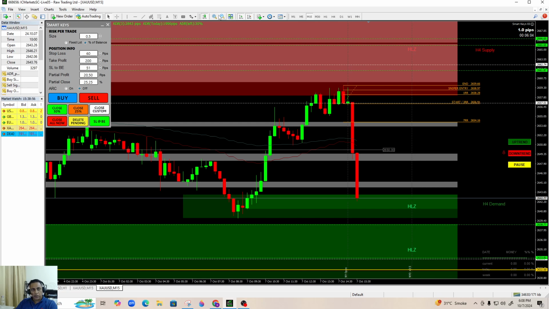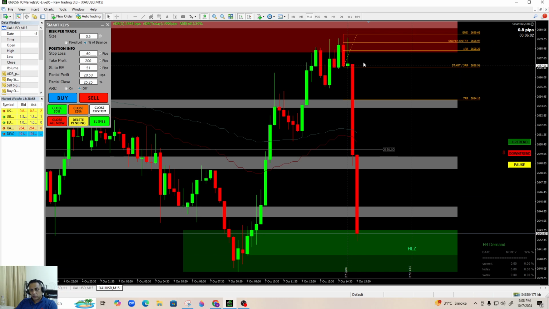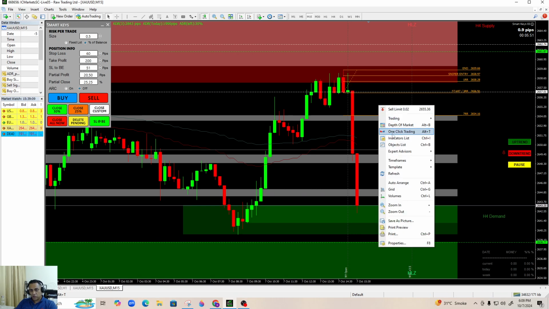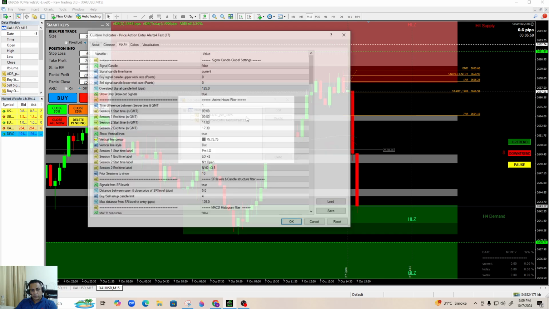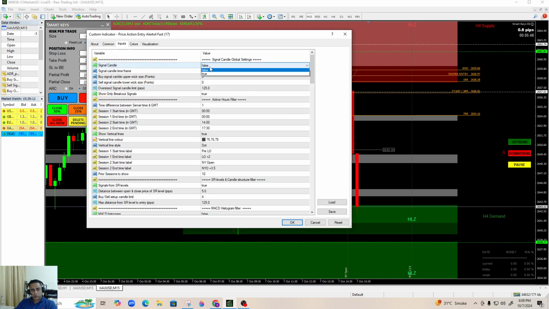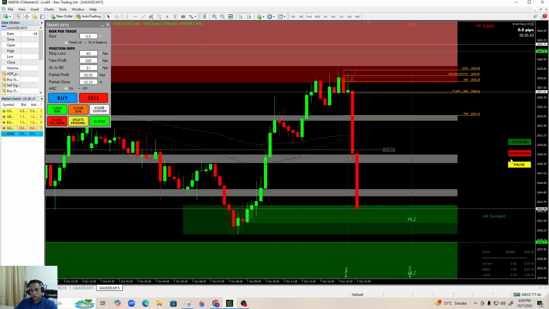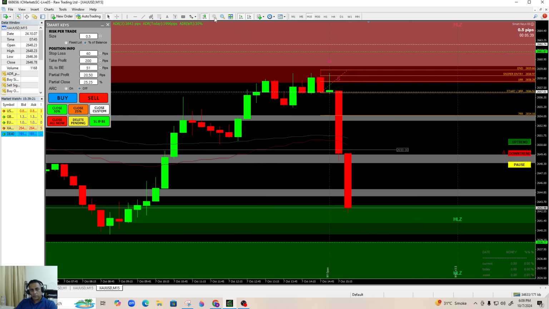If you were trading the signals of the indicator, then as per the trade plan that I've shared for those who own the indicator, this is a signal candle. So I'll just show you right here. Just go switch this on, signals. There you go, right? That's a signal candle right there.